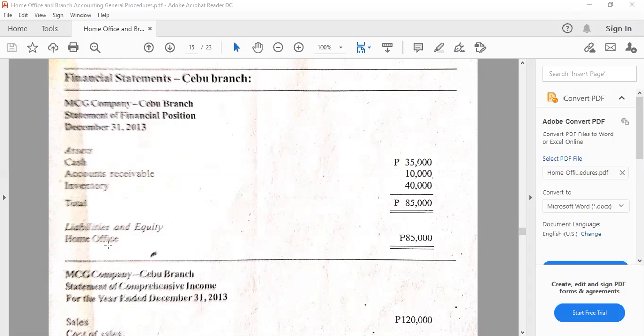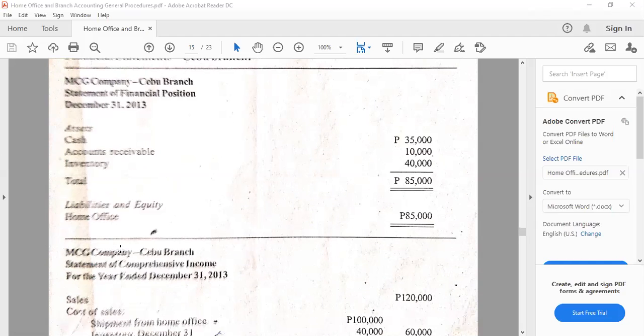So remember I told you guys that the home office account can be classified as either liabilities and equity. However, it is suggested that this is qualified and classified as equity on the sense that this represents actually the investment in the equity of the branch of the home office, of course.